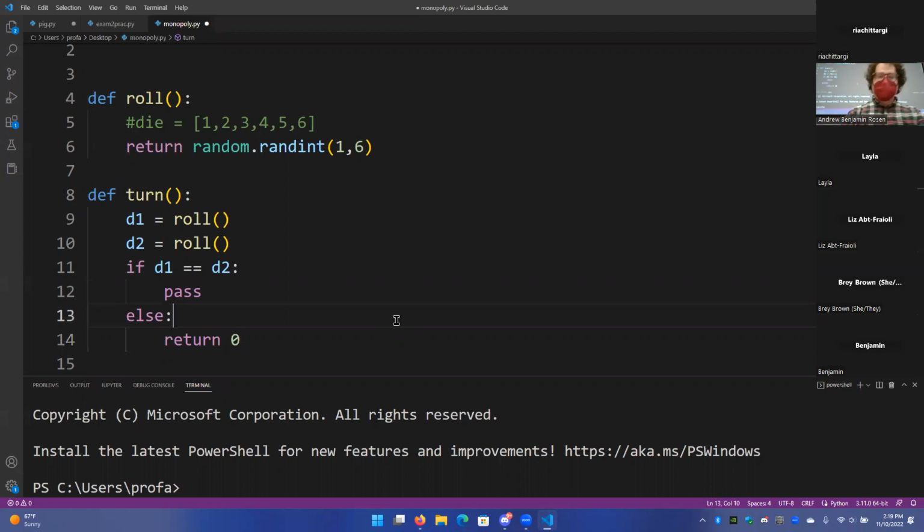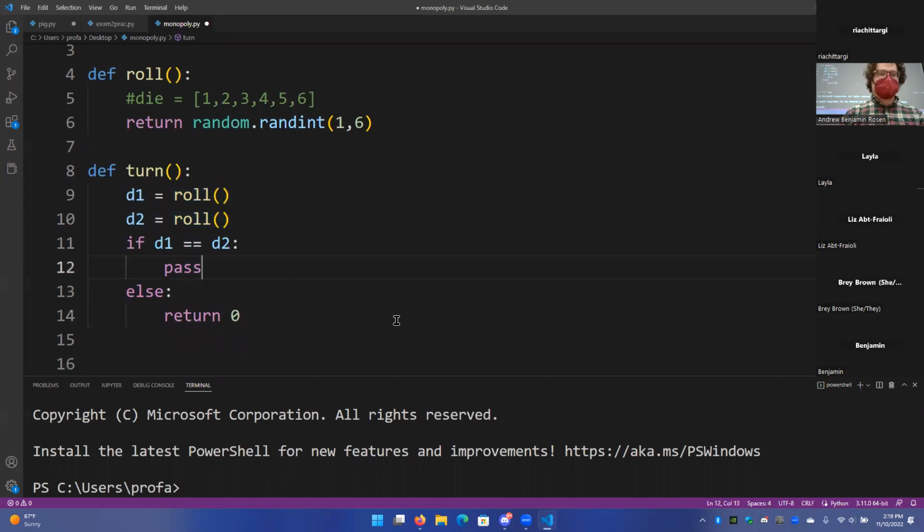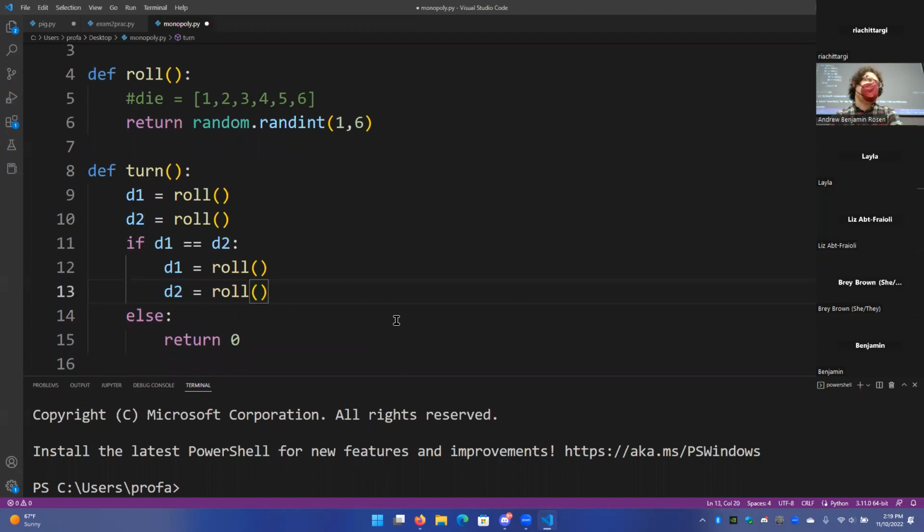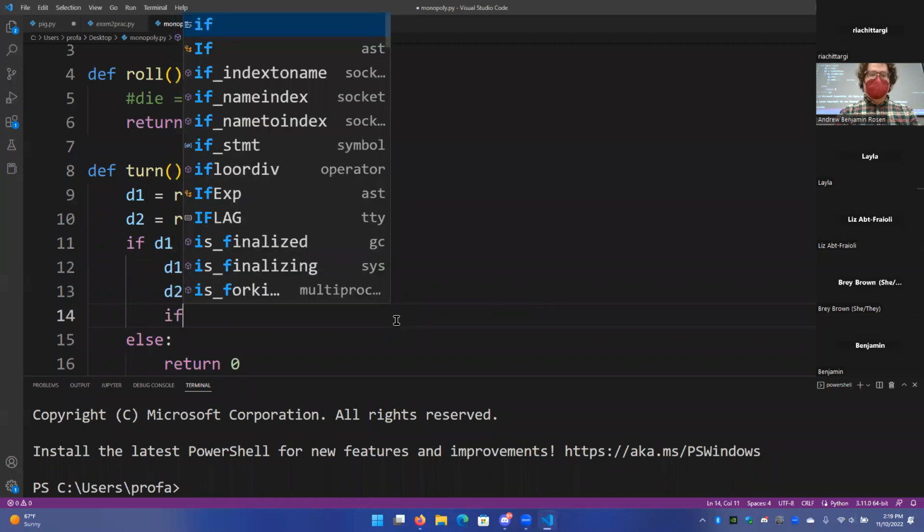Okay. So now if I rolled 1 double, I get to roll again and see if I get 2, which is fairly straightforward. I'm going to be lazy and copy paste this and roll them both again. I'm not going to try to do anything fancy like recursion because that would just be a mess trying to remember how deep this went. D1, roll, D2, roll again. And we're going to ask ourselves, do these match?